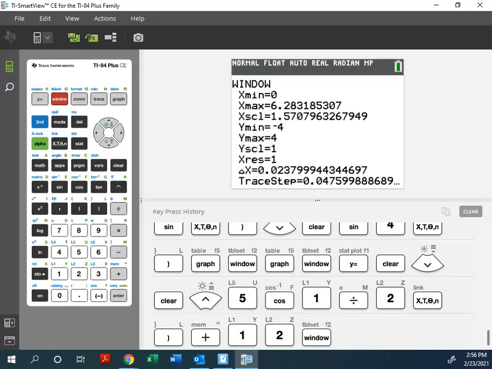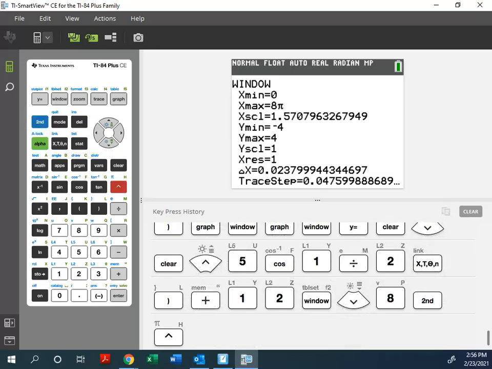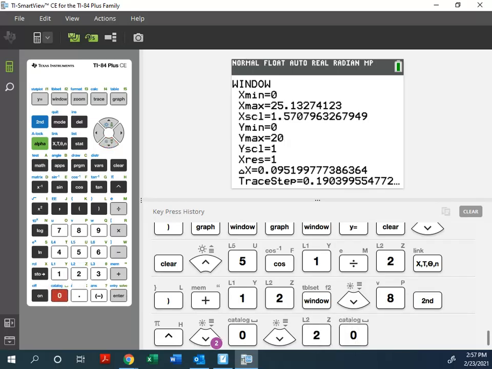My x min is 0. My x max, I went to 8 pi. So I just want to reproduce my graph. So I've already seen I did 2 cycles. The minimum was 7, but I like to see it properly. So I put my minimum as 0. My maximum was 17, so I'm going to have it go to 20.